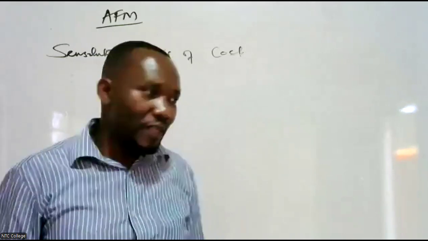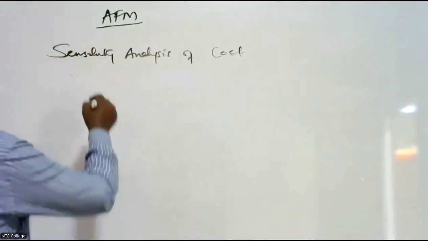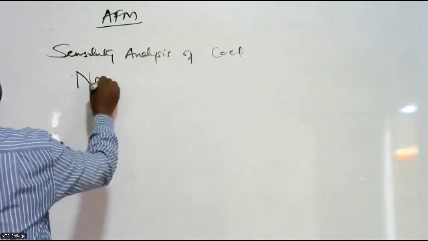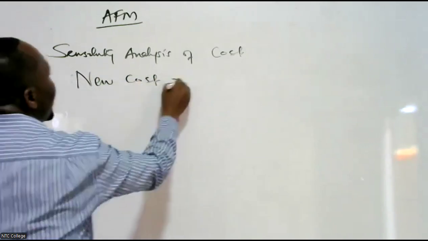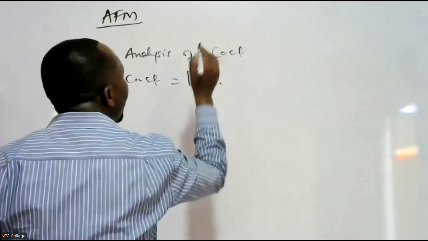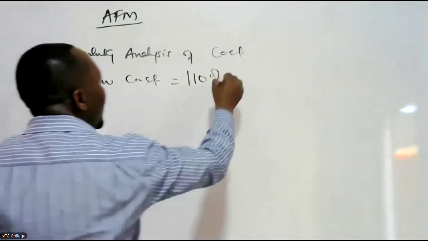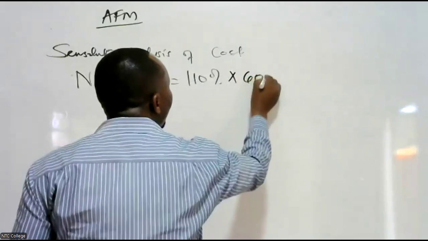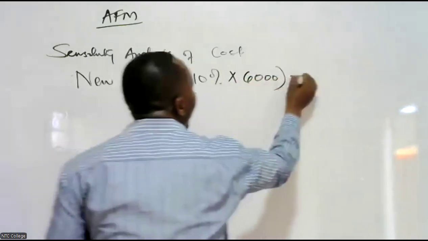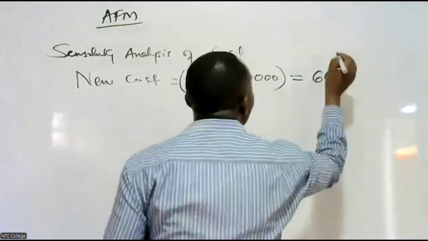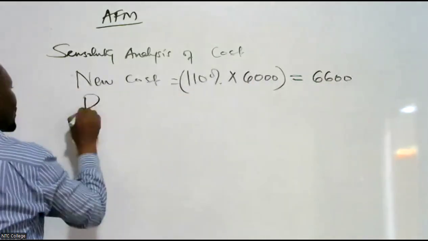Bei imekuwa poa. So we are saying that the new cost will be 110%. It has gone up. That is why it is adverse. Times the original one, which was 6,000. We are having the new cost as 6,600. Revenue remains constant.